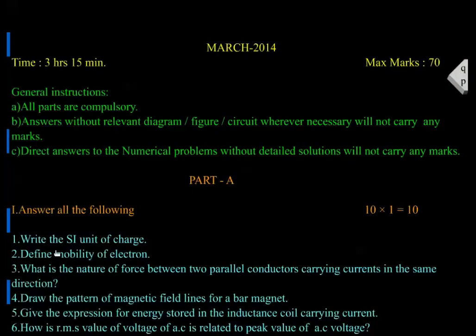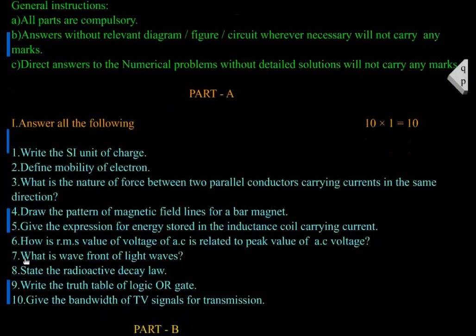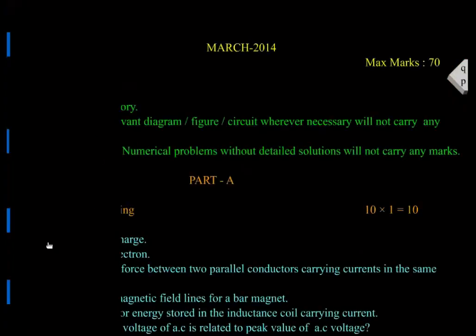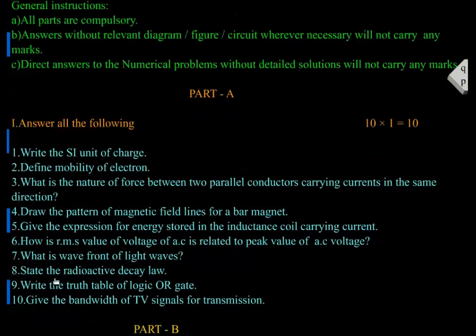So look here, the seventh one is what is wavefront of light waves. So it is seventh one, wavefront is the locus of points of constant phase. Next it is eighth one, that is state the radioactive decay law.